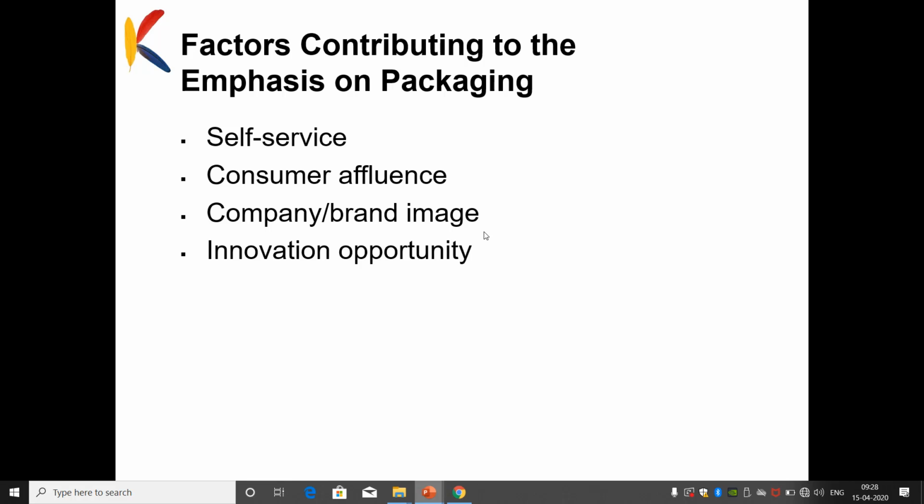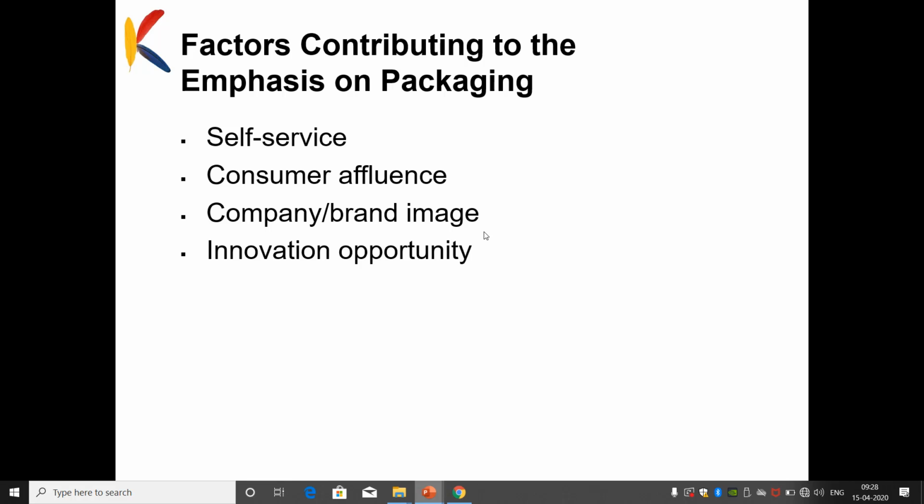There are factors which contribute to the emphasis on packaging. Number one, it is very useful for self service. Generally in the departmental store or malls, we select a product and there is nobody who sells the product. So if there is attractive packaging, it helps in self serving. It can also help in consumer affluence, where some consumers will be ready to pay an extra price because of good packaging, or packaging which is very handy in nature.